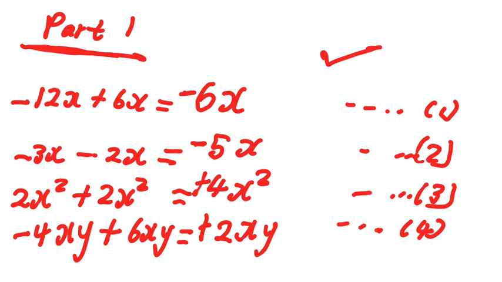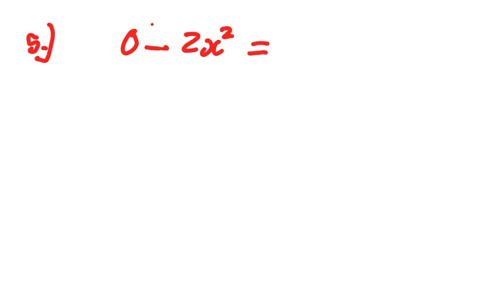Okay, let's carry on. Let's go with number 5 of our problems. If you have 0 minus 2x squared, when you add 0 or when you subtract 0, it doesn't change anything. 0 is just a neutral number. So 0 minus 2x squared will still give you negative 2x squared. It's not helpful to put the 0 back in our answer, because it's not a significant number, it's just 0.